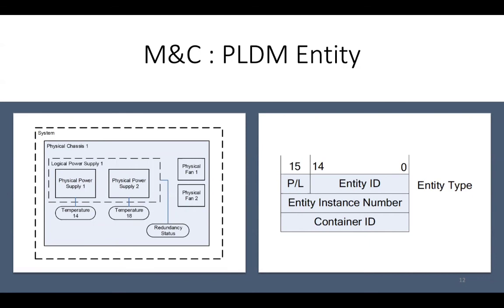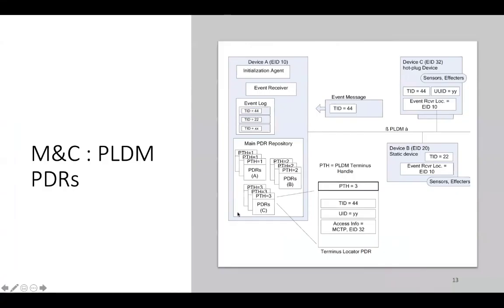Right. Moving on to the next slide. So another important aspect of, again, the MC spec, but which is kind of pervasive across specs, is the concept of platform descriptor records, or PDRs.